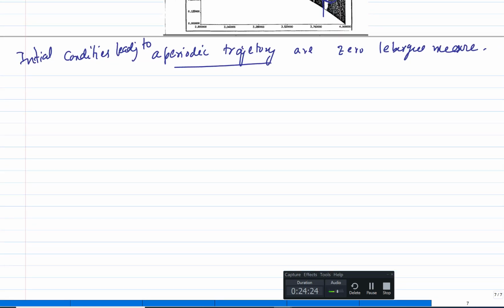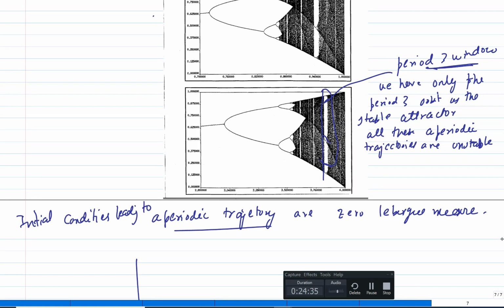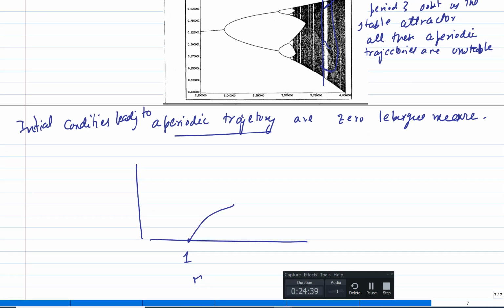This can be contrasted to what happens in the bifurcation diagram initially, when you had R and you started with an unstable point and had some sort of period doubling.